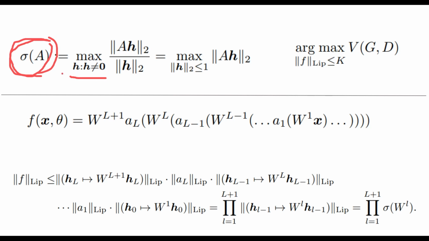So how do we actually compute this spectral value? It is kind of like the eigenvalue. To compute the spectrum directly is relatively expensive, but you can use an iterative method to approximate it. If A is a square matrix, the spectrum is in fact the largest eigenvalue.